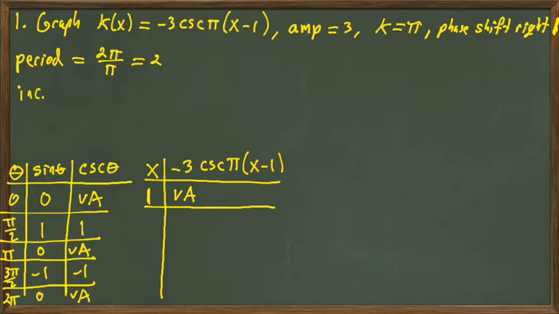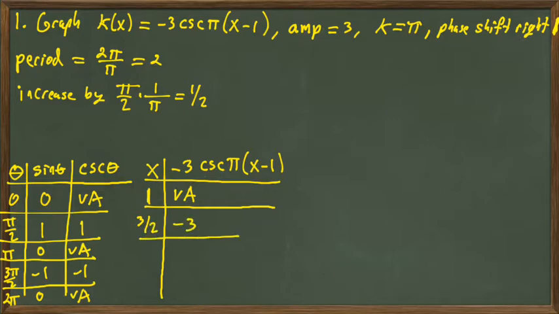And then our increase is going to be pi over 2 times 1 over pi, so that's going to be 1/2. And so we're going to add 1/2 until we get a total of 5 points for the x. So 3/2, and then we'll take this y value and multiply it by negative 3, and we get the negative 3 there. Add 1/2, and we'll get 4 over 2, which is 2.